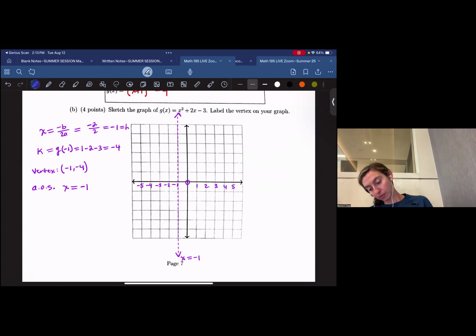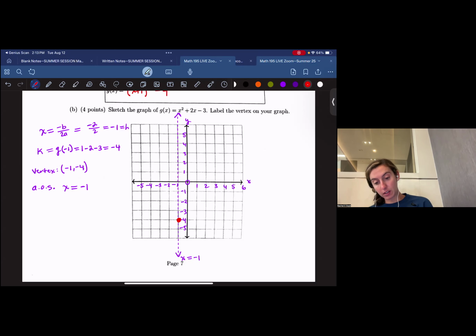All right. Label my axes. Thank you. Let's plot our vertex, negative 1 comma negative 4.